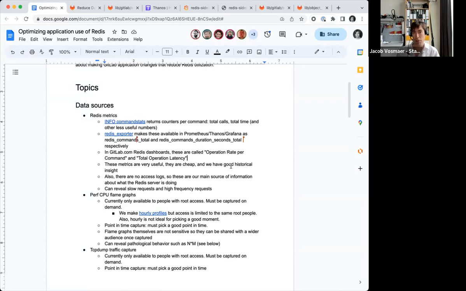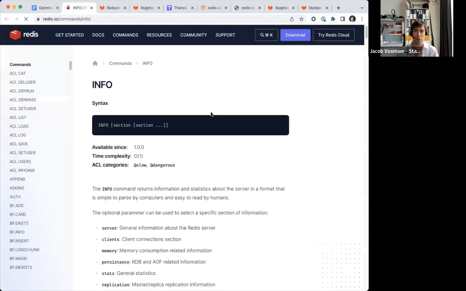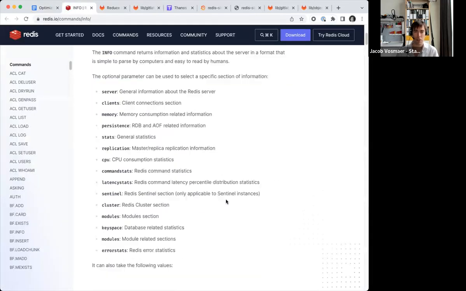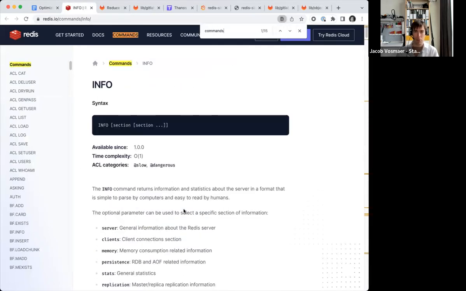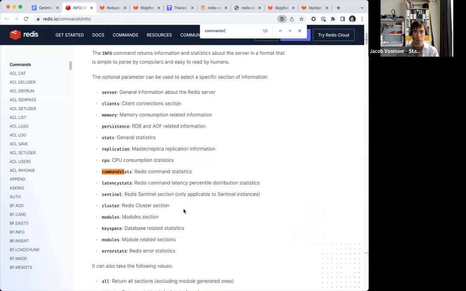The first one is Redis metrics. These come from the Redis process itself. Redis has a bunch of metrics that it keeps up to date, and you get them via the info command. It has subcommands, and one of them is called command stats, which is somewhere down here.